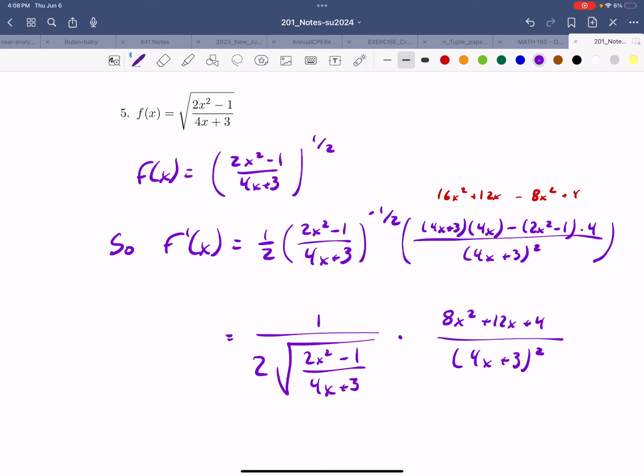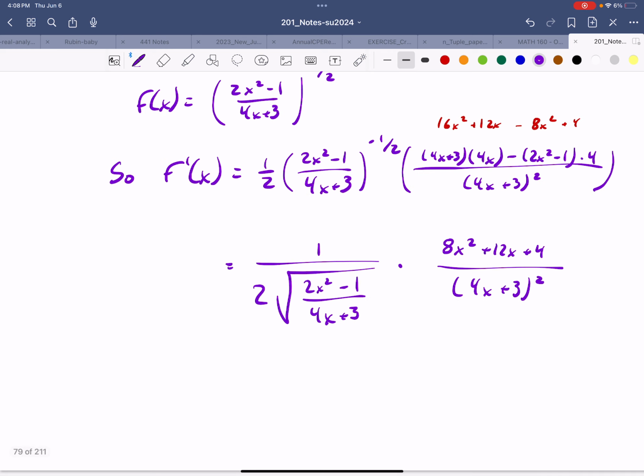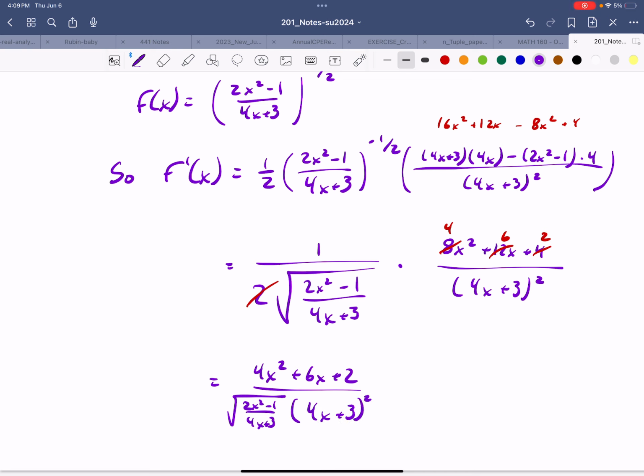And if we wanted to simplify that a little bit more, because why not, we could say, hey, look, these are going to cancel with the 2. This will be a 4, 6, 2. And I'm going to have a final answer of 4x squared plus 6x plus 2 all over square root of 2x squared minus 1 over 4x plus 3, and then times 4x plus 3 quantity squared. Whew.